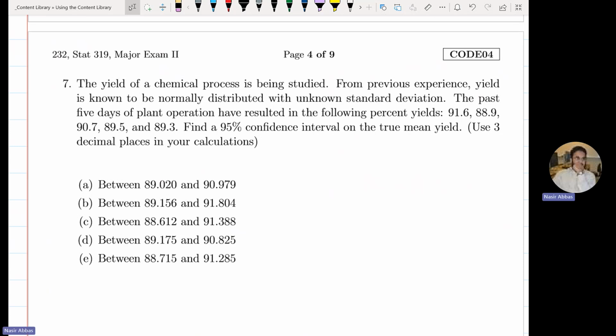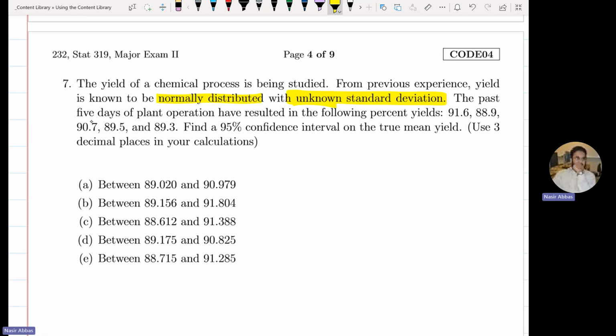Question number 7. Read the question. The yield of a chemical process is being studied. From previous experience, yield is known to be normally distributed with unknown standard deviation. Important information: unknown. This is pushing you towards T probably.